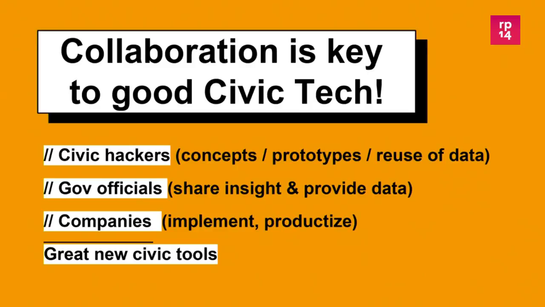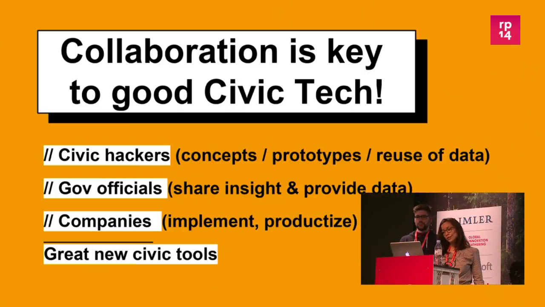So it's important that the different stakeholders collaborate, that government officials or people that work in the public administration talk about the issues and problems they are focusing on, and share insights with the civic hacker community, for example, who builds concepts and prototypes like the Kita map or the real-time map. And what they do is they reuse data. So they make use of data the city provides. So it's also very important that cities open up and provide resources for civic hackers.